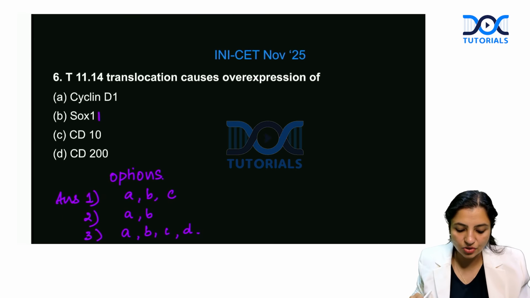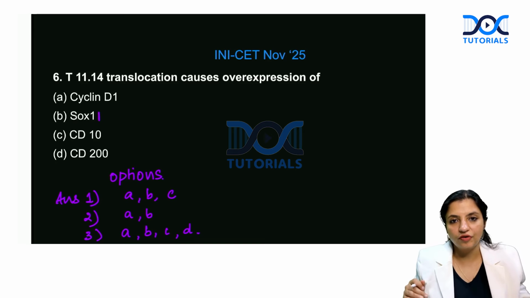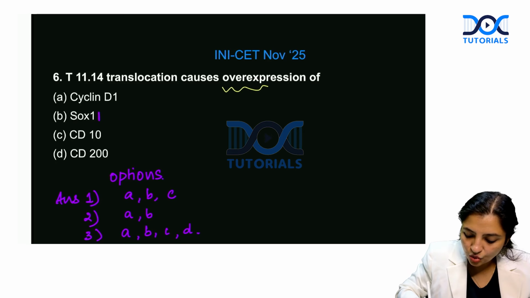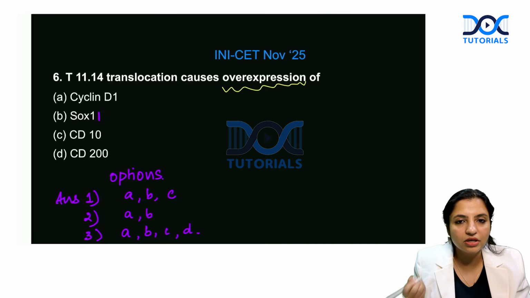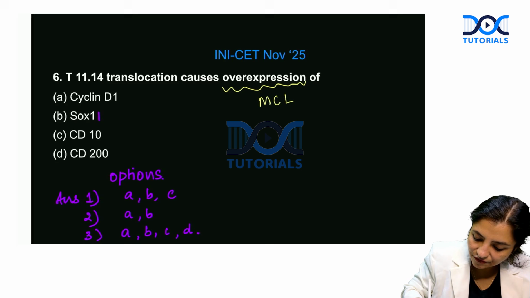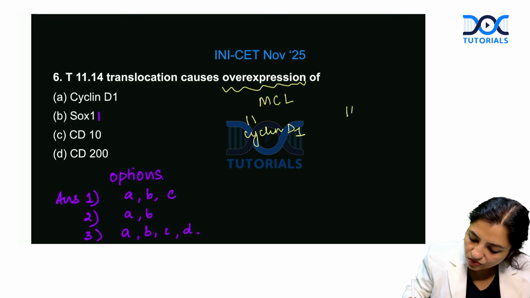So this is translocation 1114 causes overexpression of. Now this was a tricky question. Remember, translocation 1114 is a typical translocation of mantle cell lymphoma, and on chromosome number 11 we have cyclin D1, and on chromosome number 14 we have immunoglobulin heavy chain.